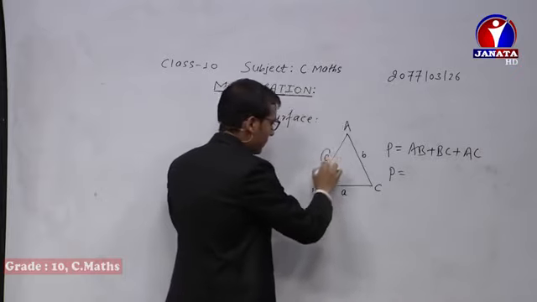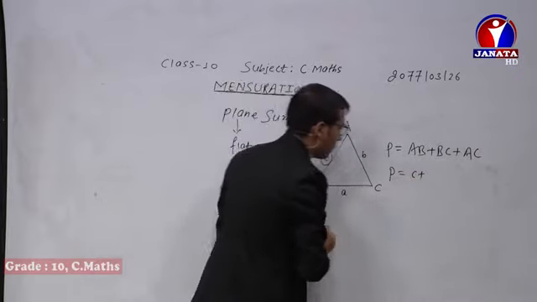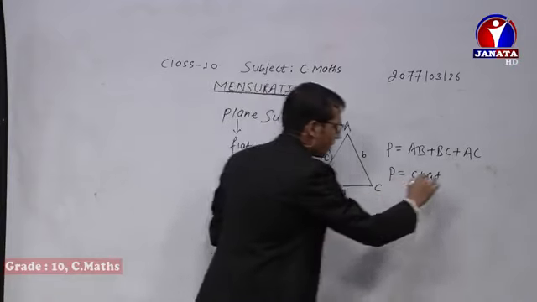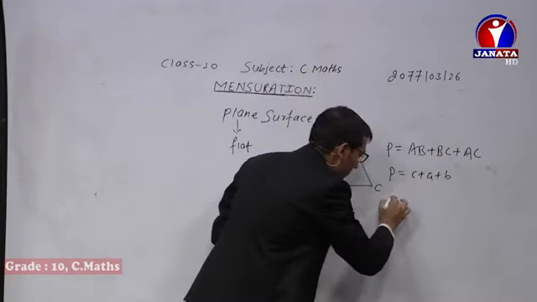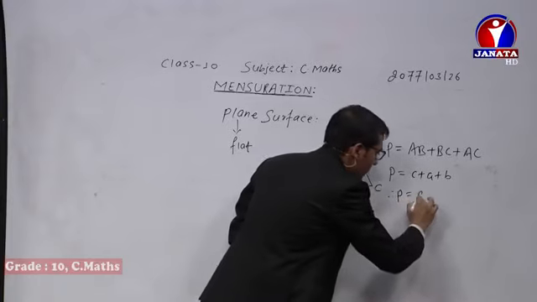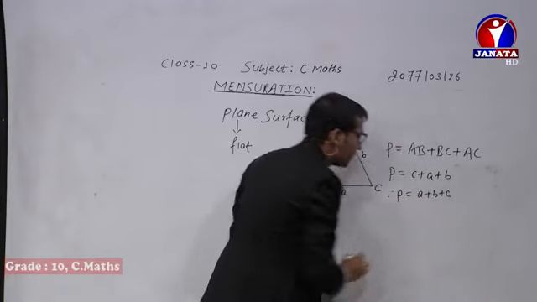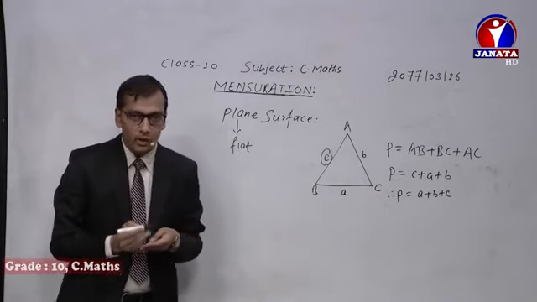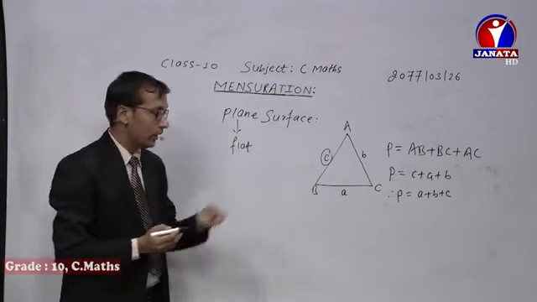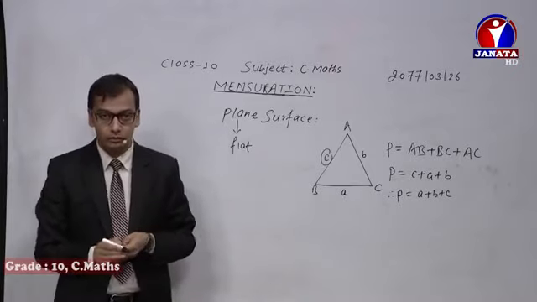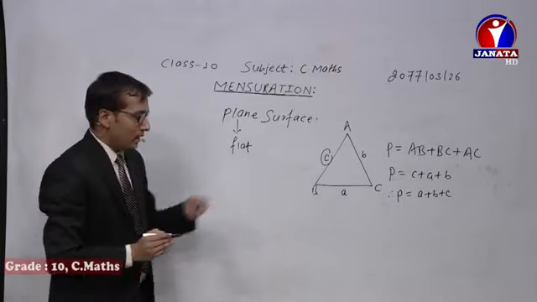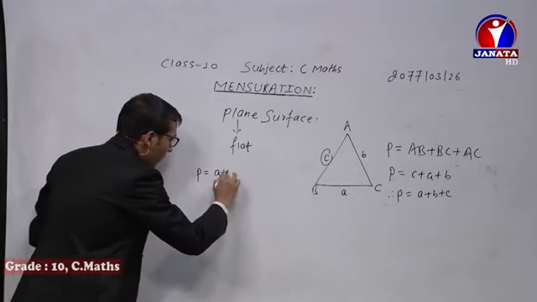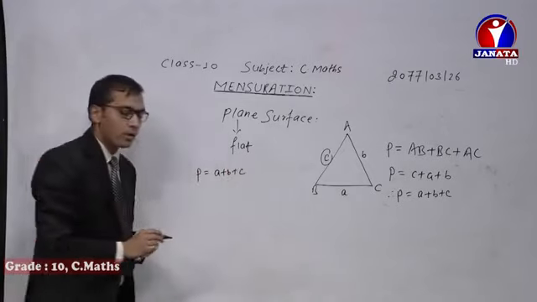AB is c, plus BC is a, plus AC is b. Therefore the perimeter of a triangle is the sum of the 3 sides, and the unit of perimeter is the same as the unit of the sides' length. Here P is the perimeter, the sum of the 3 sides of a triangle.